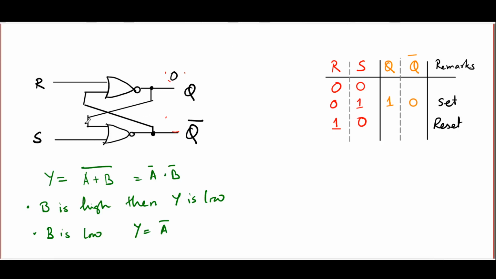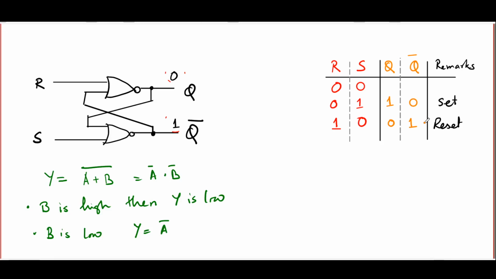And now this Q comes back here, ensures that both inputs of the lower NOR gate are low, and therefore the output of the lower NOR gate is 1. So this is where the latch is reset. Q is sent back to 0. Q bar goes to 1.